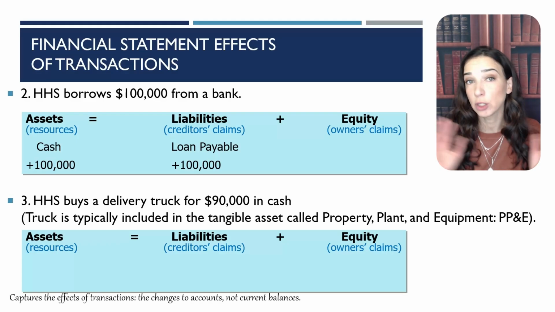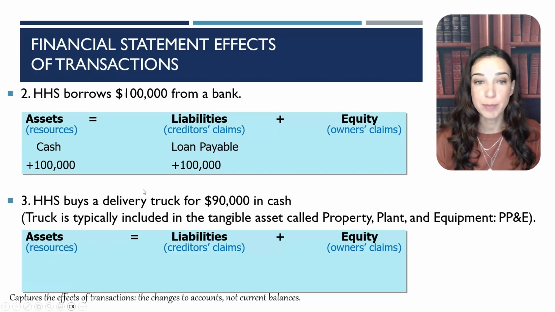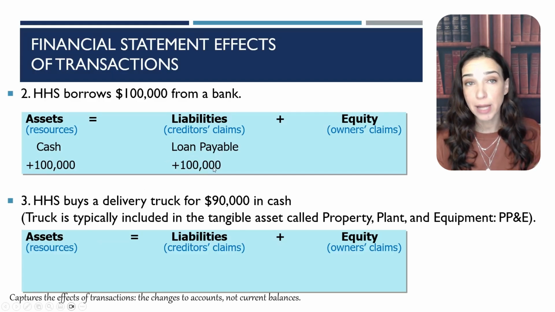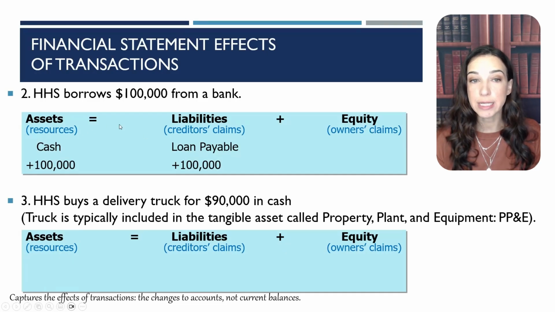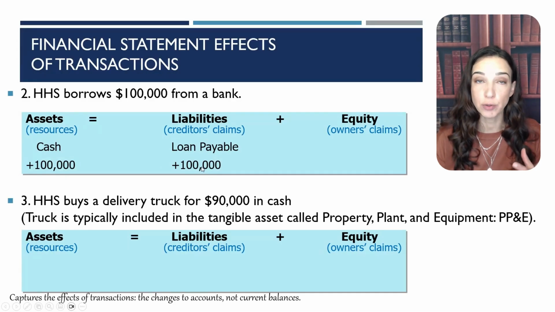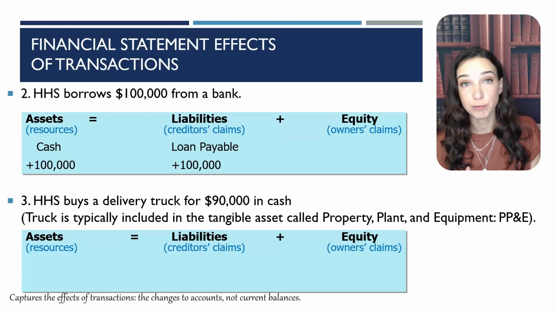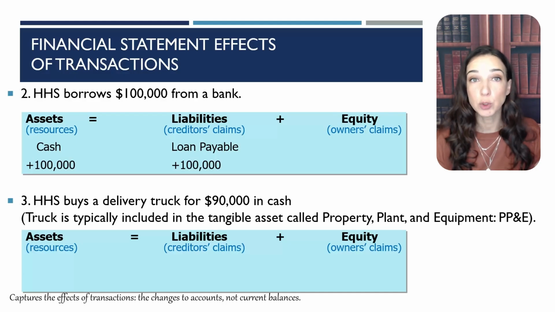Here, I'm going to call it loan payable. And that liability also goes up by $100,000. Remember our balance sheet equation? Resources equals creditors' claims and owners' claims. And in this situation, our first 2 transactions illustrated that sometimes we're able to fund these resources by raising money from owners, and sometimes we're able to fund these resources by going to creditors and borrowing the money.